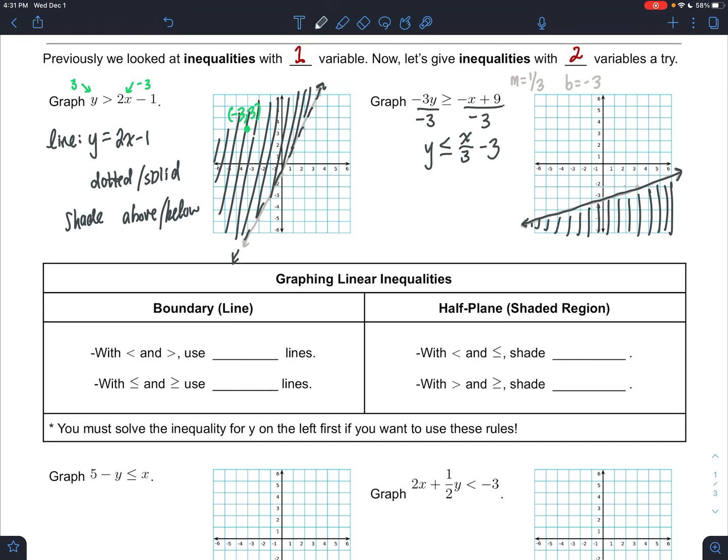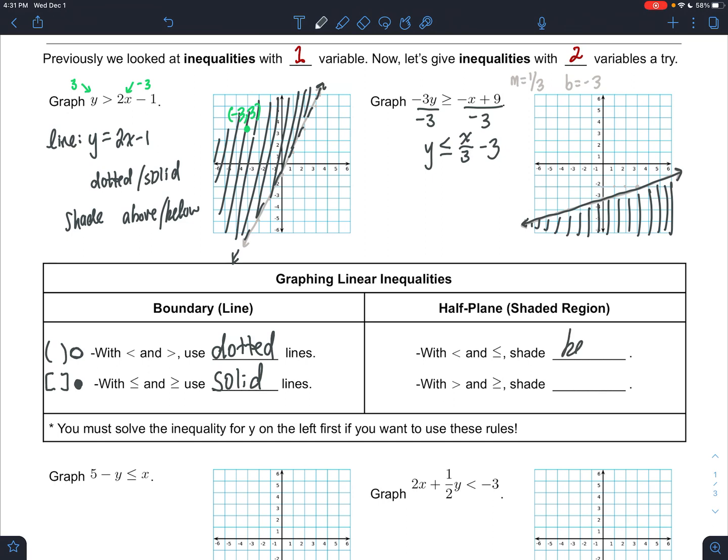So let's summarize with this box here. When you don't have the line underneath, we're going to use dotted lines. When you do have the line underneath, it's going to be solid lines. This also corresponds with the filled-in dot and the open dot, and with the parentheses and the brackets, so it's not a new thing.